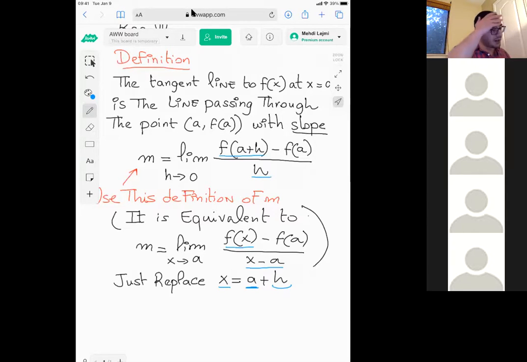As I said, the idea behind this tangent line is that it's the best linear function that approximates the function f in a small neighborhood of a.